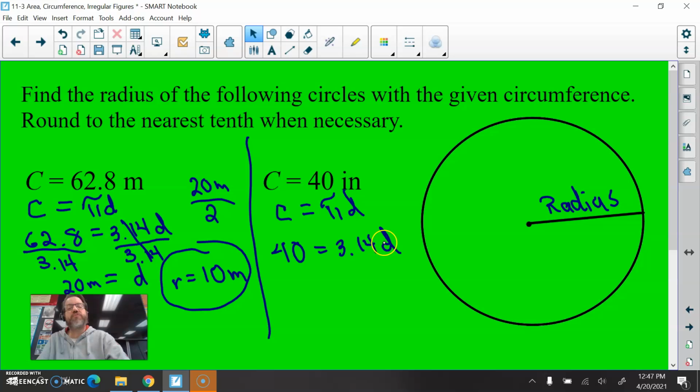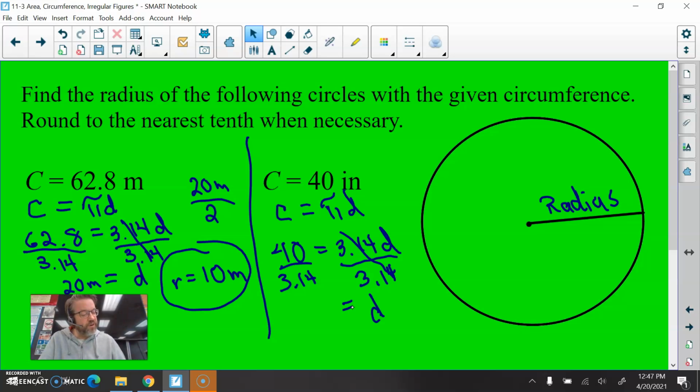Now, this is 3.14 times d, so I need to divide by 3.14 in order to undo that, which means I also have to do the same thing on the left side of this equal sign. So d equals, this doesn't look like it's going to work out nearly as nicely as the last one.